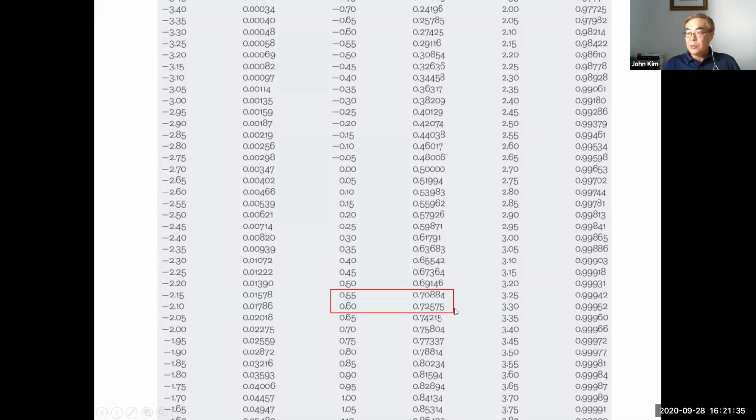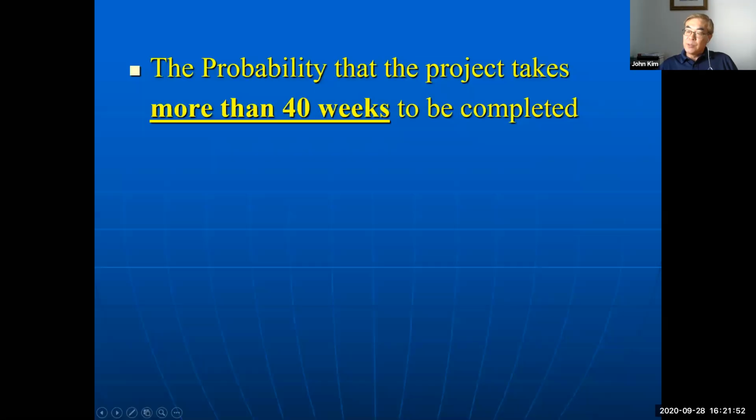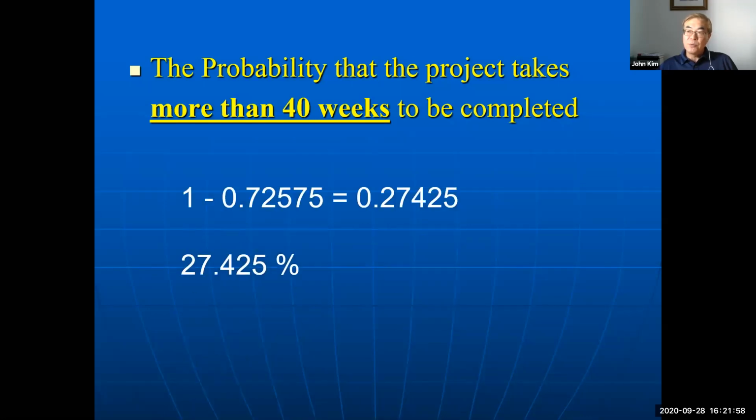So the area is 0.72575, but the answer is this one: 1 minus 0.72575 equals 0.27425. When you answer, be careful.